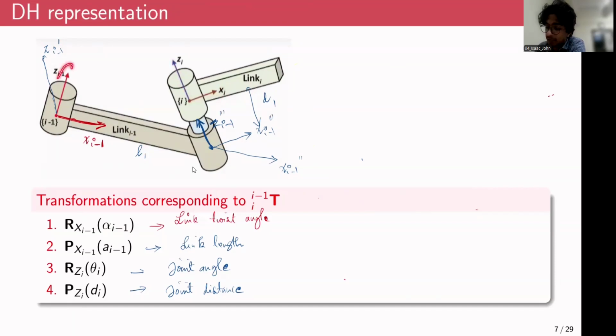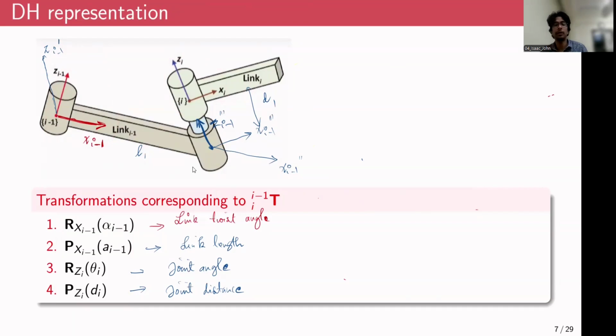So earlier we started from xi minus 1 and zi minus 1, and using these 4 sequential transformations, we were able to end up at this location, xi and zi, just by using 4 parameters, right?